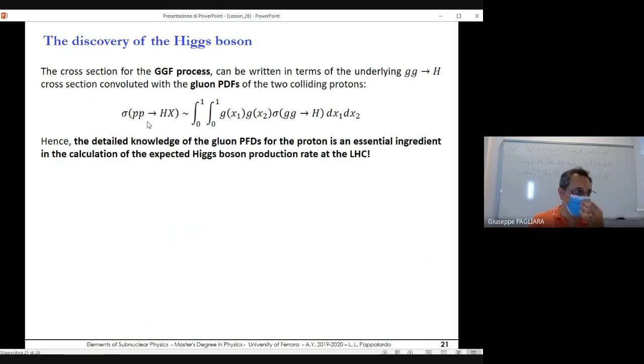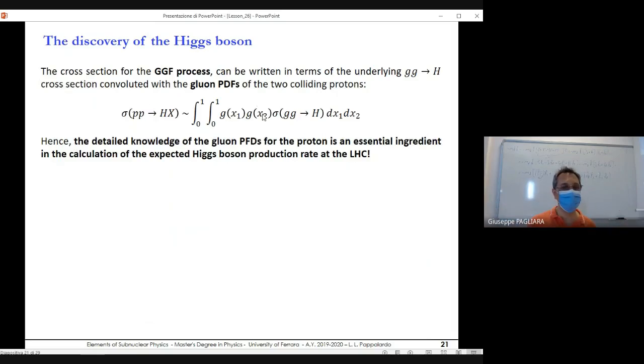The cross-section for the production of a Higgs boson in the proton-proton collision is given here in terms of the elementary gluon-gluon fusion cross-section, so gluon-gluon into top loop into Higgs. But as you understand, this has to be convoluted with the probabilities to find the gluons with the proper Bjorken x value in the two colliding protons.